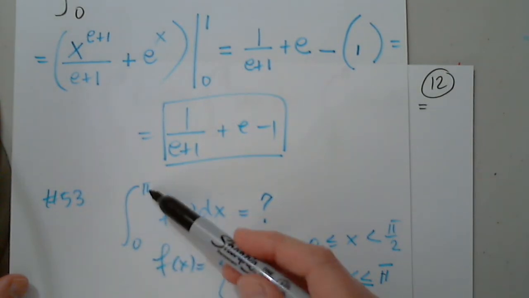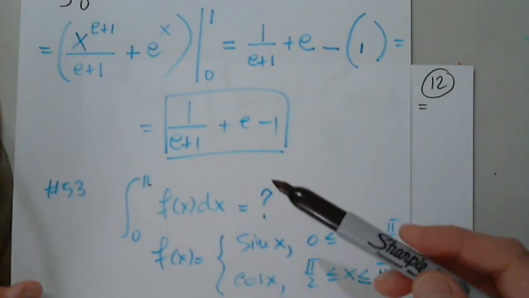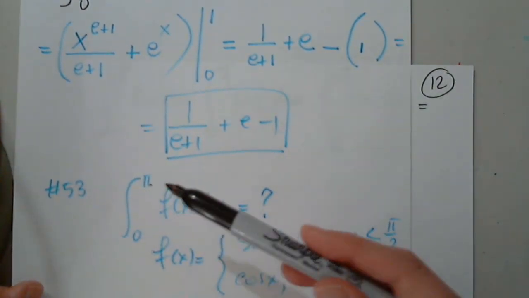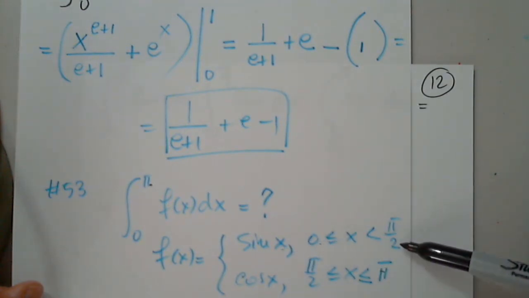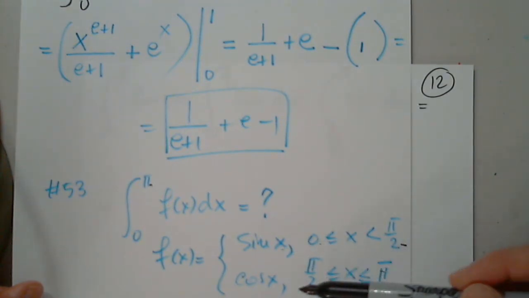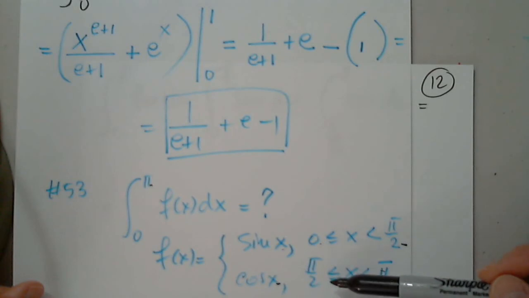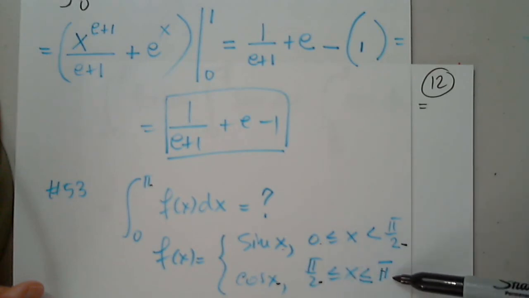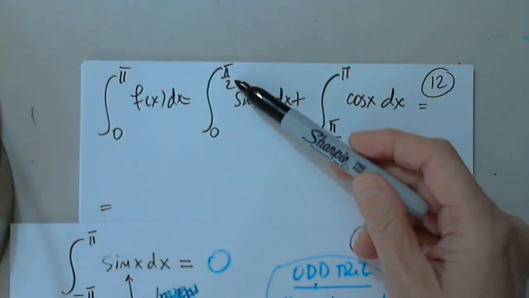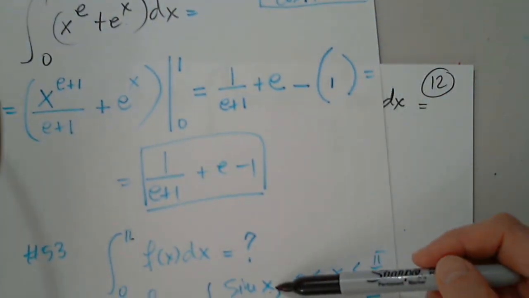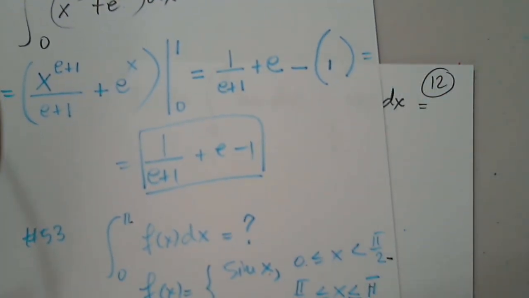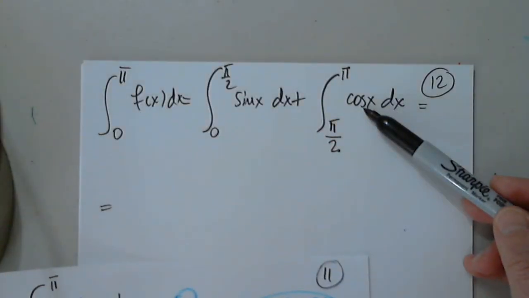The interval is 0 to pi, but I don't have a function that goes from 0 to pi. I have a function that goes from 0 to pi over 2, and a totally different function that goes from pi over 2 to pi. So the integral from 0 to pi over 2 is from function sine, and the integral from pi over 2 to pi is from function cosine.